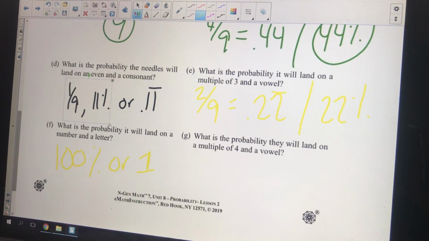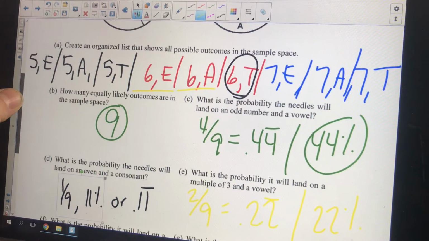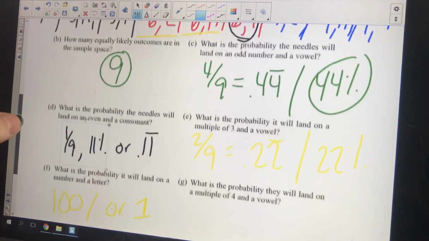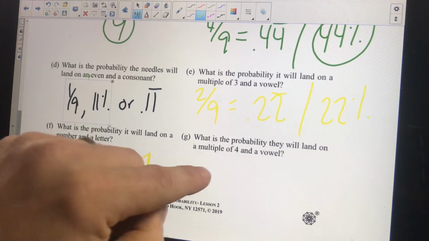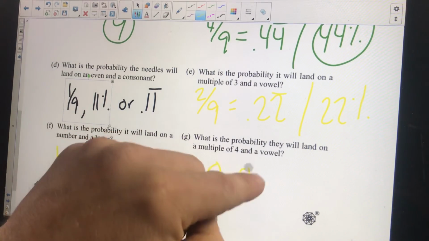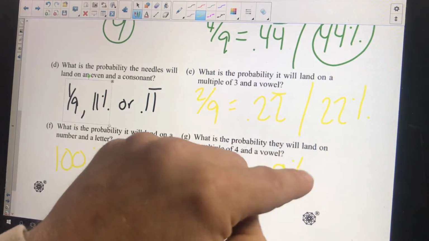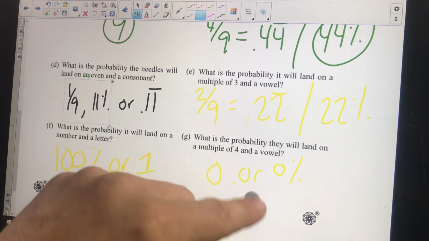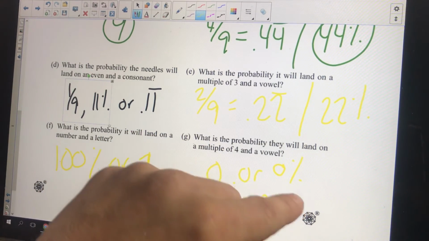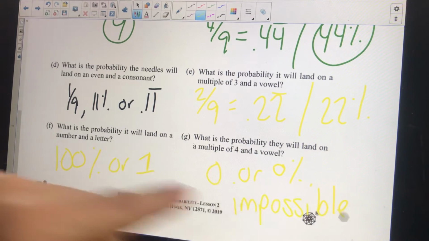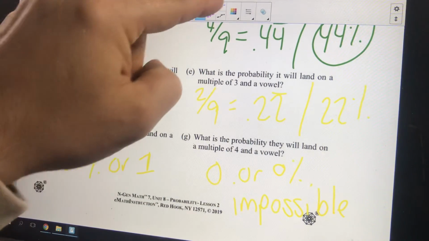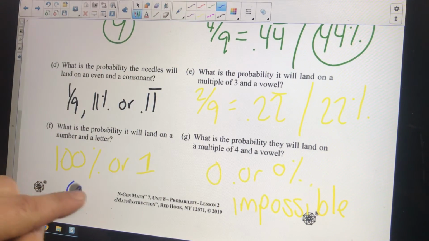What is the probability that it'll land on a multiple of 4 and a vowel? Multiple of 4, multiple of 4. Nope, there aren't any of that. So that is 0, or 0%, impossible. And what was the word for this one? Does anyone remember? When it has to happen, it's certain.